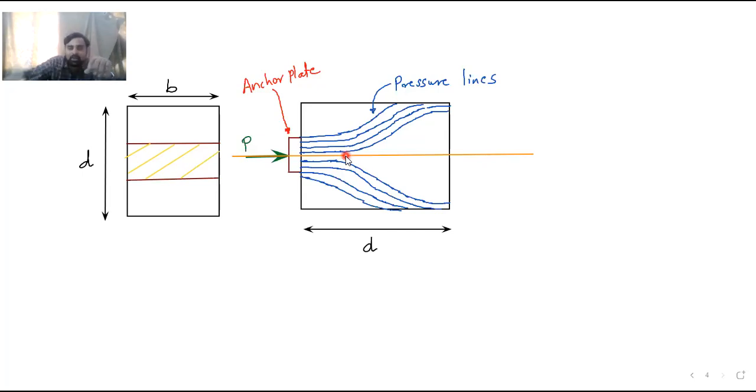That is why the force is called the bursting force, and it is developed because of highly concentrated compressive stresses, which are developed because of pre-stress.